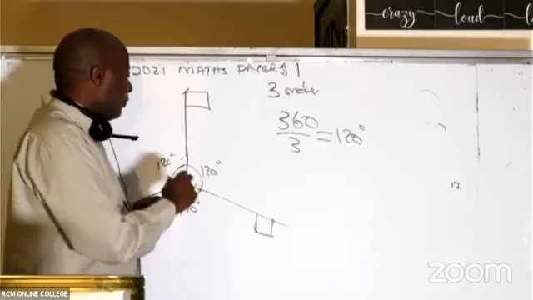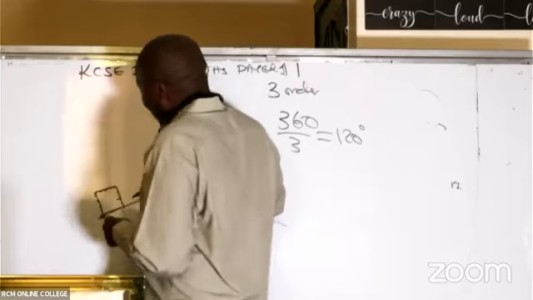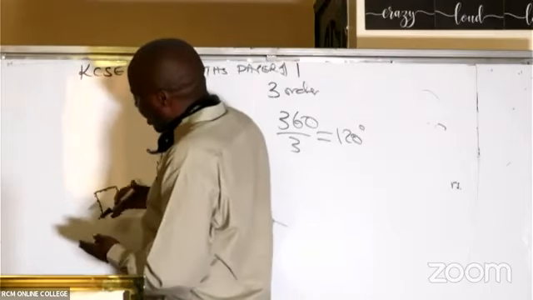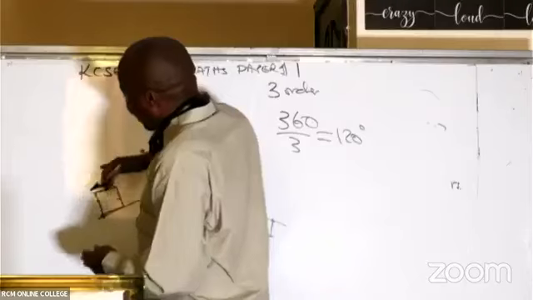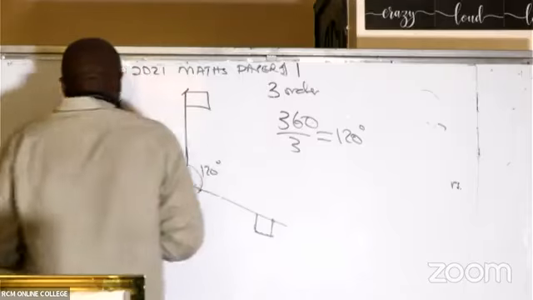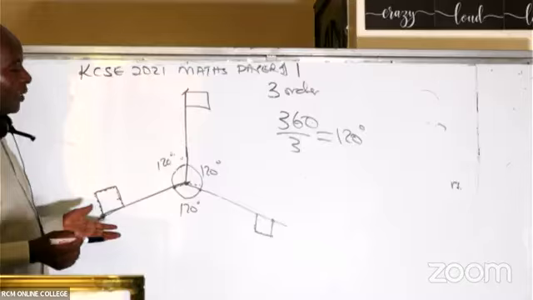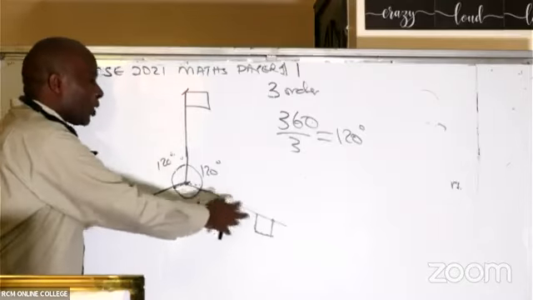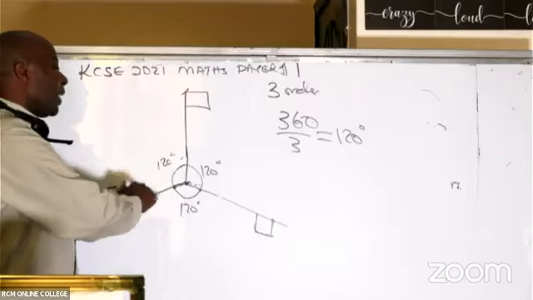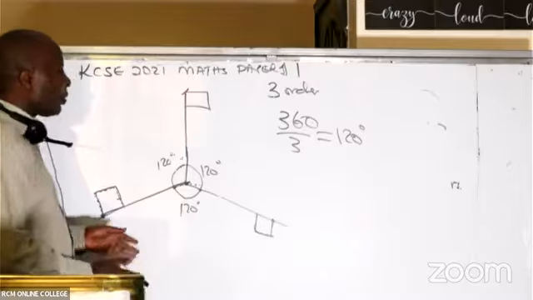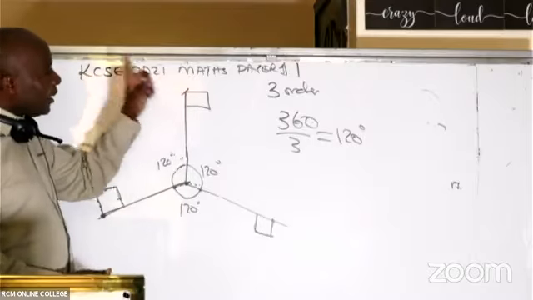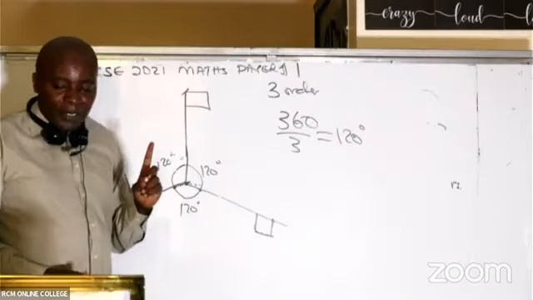So when I'm rotating my book, I'll be able to see which one is the right side, and then I draw it like that. We may not get exact measurements, but showing this 120 degrees is very important, and ensuring that your flag is correctly placed.